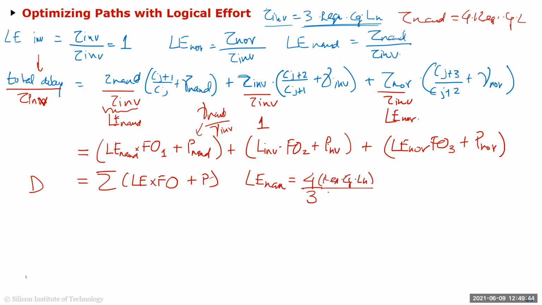That's tau NAND, and the inverter is R equivalent CGLN, so this cancels and you get 4 by 3. And then LE of NOR is similarly 5 by 3, and the inverter is obviously 1. Okay, so this is by calculation.